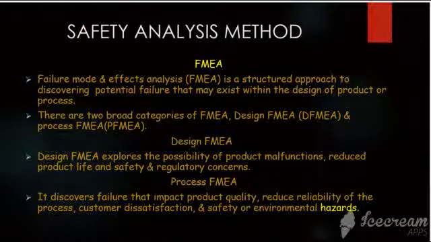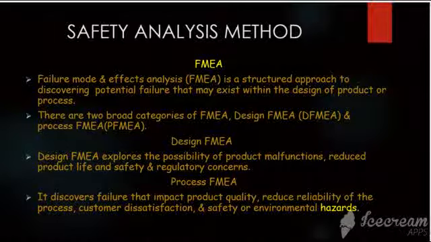First, FMEA, Failure Mode and Effects Analysis, is a structured approach to discovering potential failures that may exist within the design of a product or process. It was first used by NASA in the Apollo program in the 1960s.